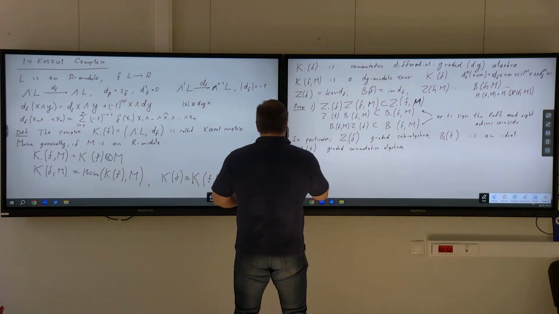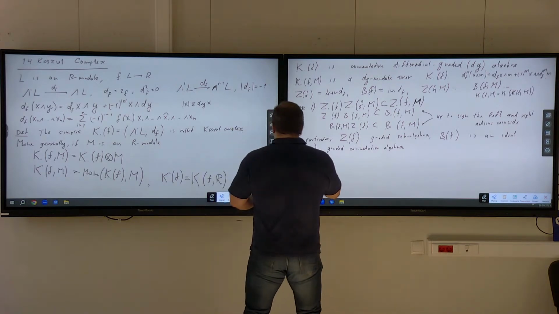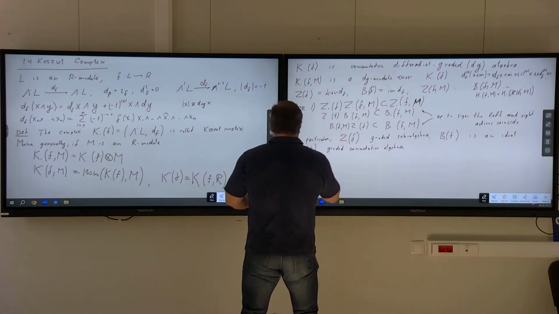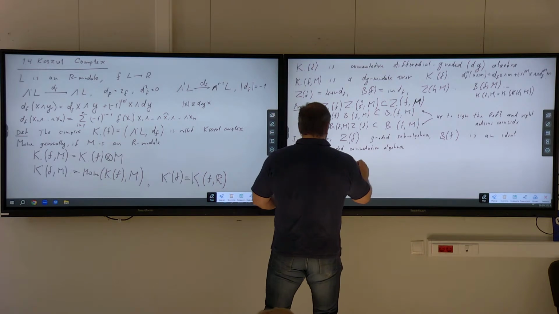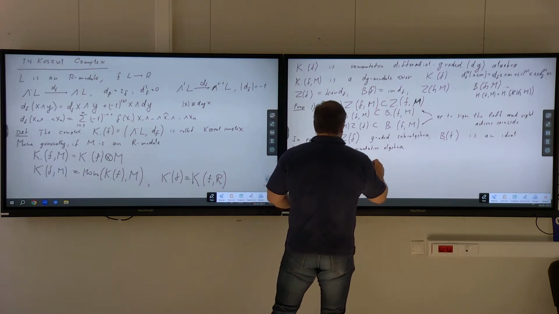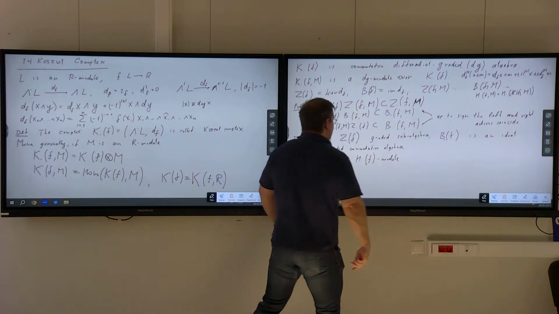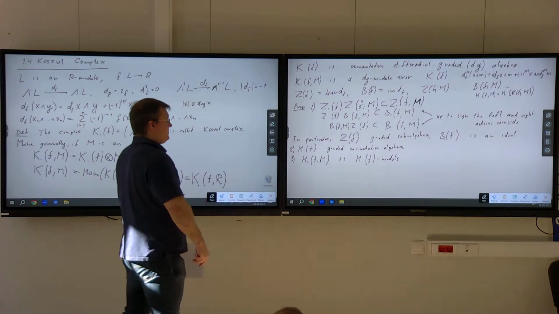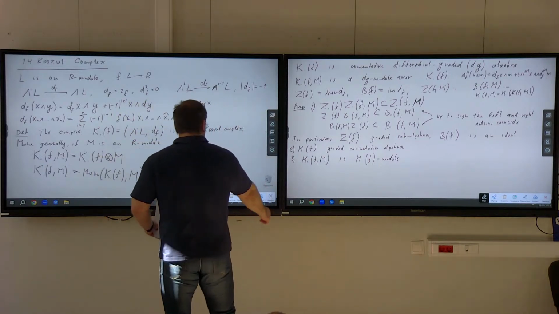And 3, which I'm going to leave as an easy exercise, that if you take homology of the Koszul complex for the module M, so this is a module over homology of the Koszul complex without module M. So this is easy.